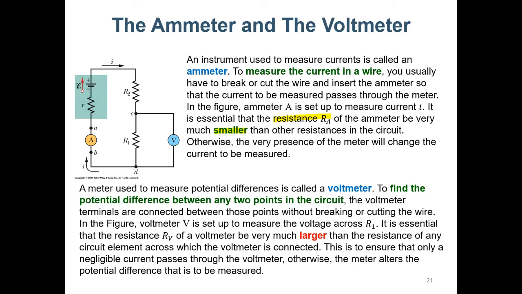And for the voltage meter, the resistance RV should be much larger than the resistance of any circuit element. For this case, this voltage meter is parallel with this R1. So the best case is the resistance of the voltmeter is infinity.